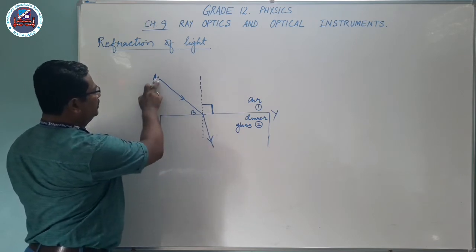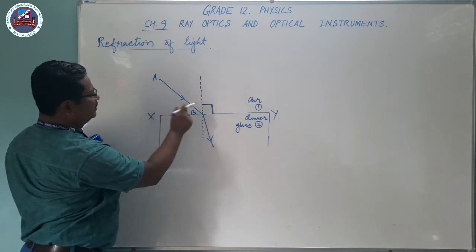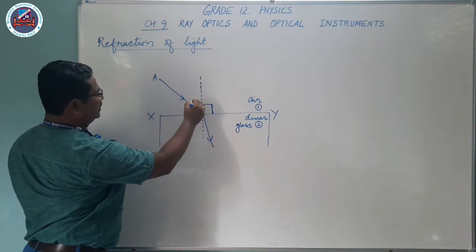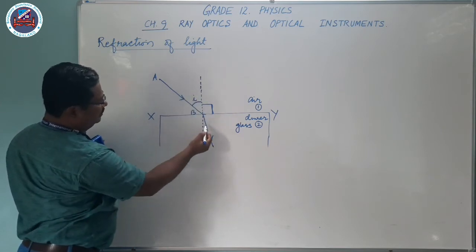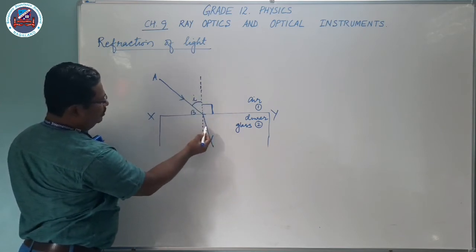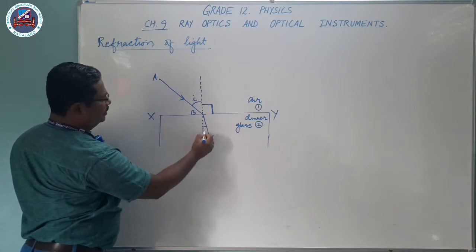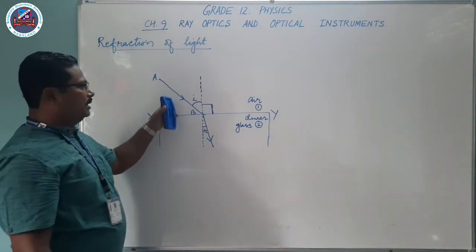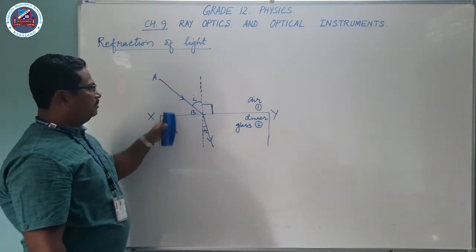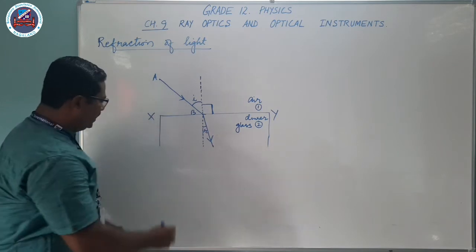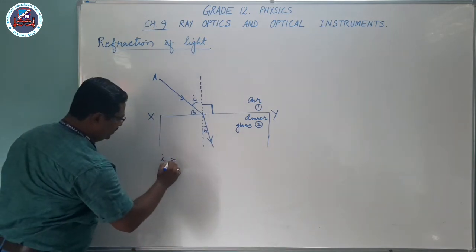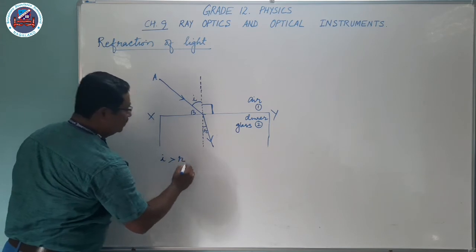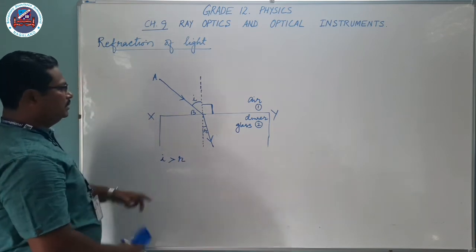The angle made by the incident ray with the normal we call the angle of incidence, and the refracted ray and the normal also make an angle here. That angle is called the angle of refraction. We write it as R. So when light travels from air to glass, or from rarer to denser medium, the angle of incidence will always be bigger than the angle of refraction.